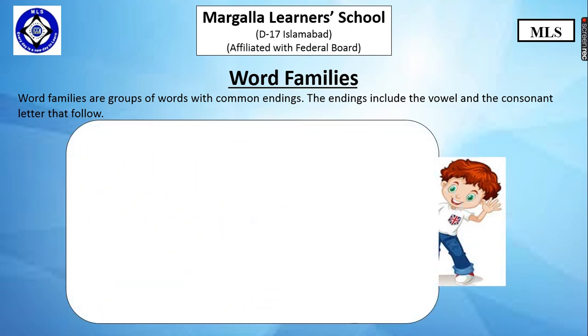So, on page number 4, first of all, let us see the first word family of OT. You can see that after the first letter, the word is ending with a vowel and a consonant letter. So, read along with me and let's see how many words are there for this word family.